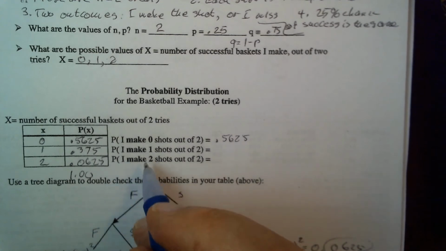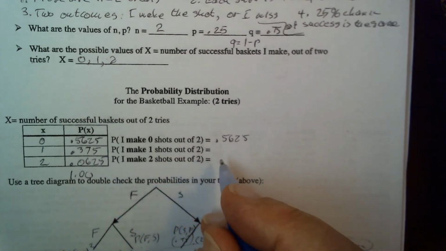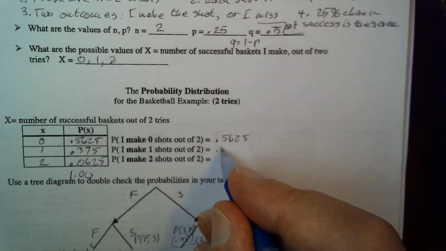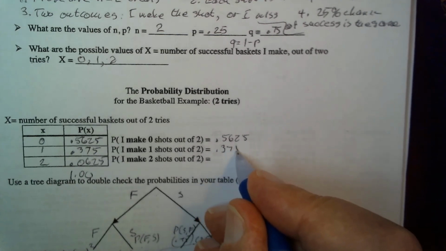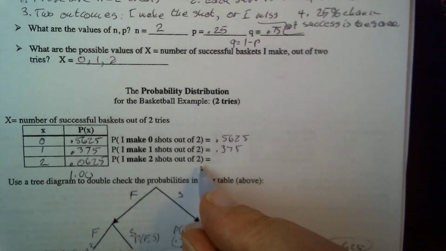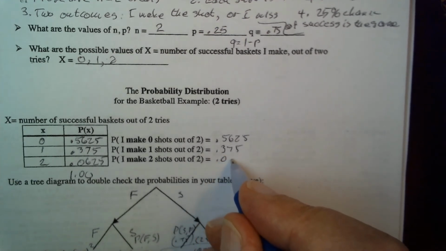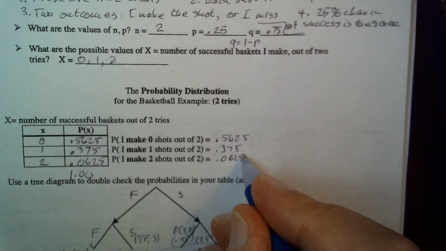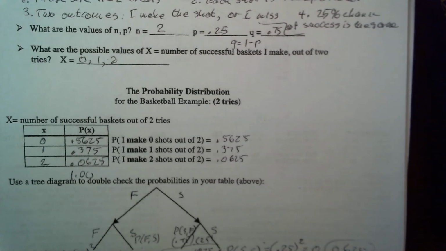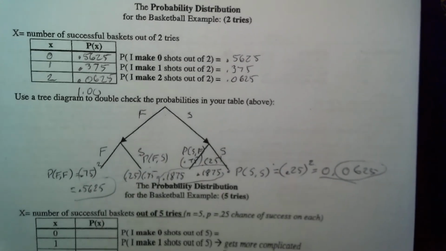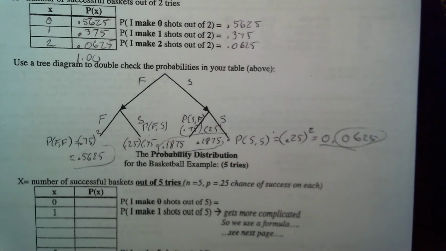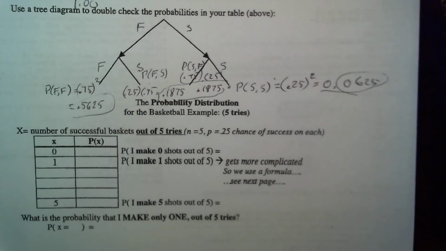The probability I make 1 shot out of 2 is equal to 0.375, and the probability to make 2 shots out of 2 is 0.0625.